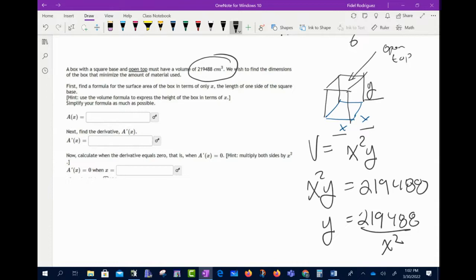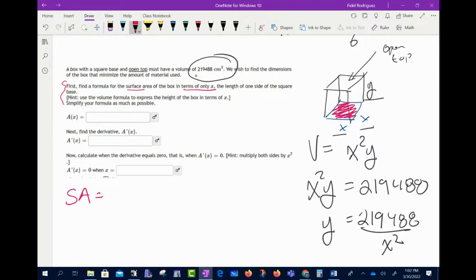The reason I was doing that is when I read the problem right here, it says, first, find the formula for the surface area of the box in terms of only x, okay? So let's see if we can find a formula for the surface area. We have the square base.